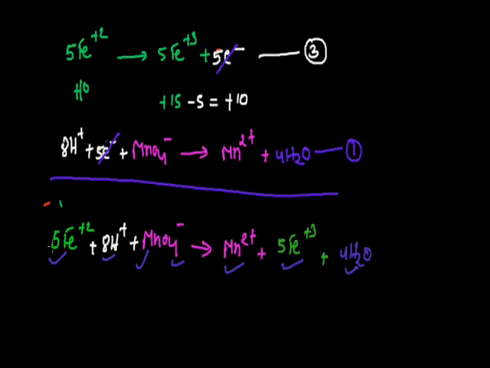On the left side 5 into 2 is plus 10, plus 8, 18 minus 1, that becomes plus 17. So here is the balanced form of the redox reaction that occurs between ferrous ammonium sulfate and KMnO4.